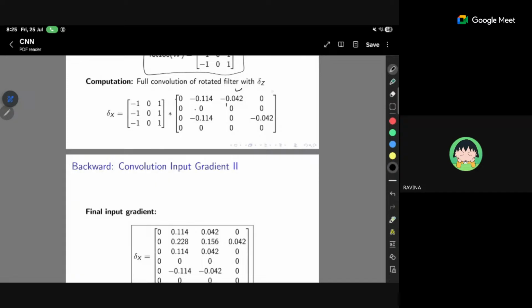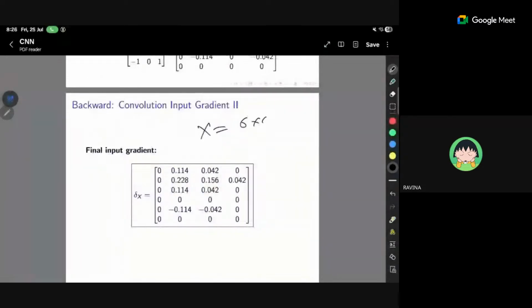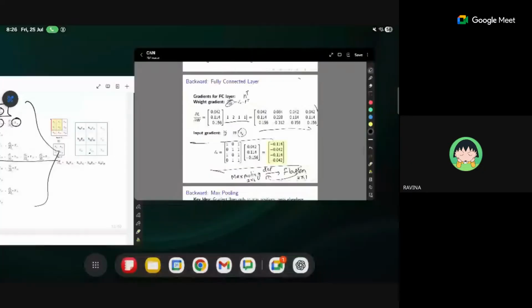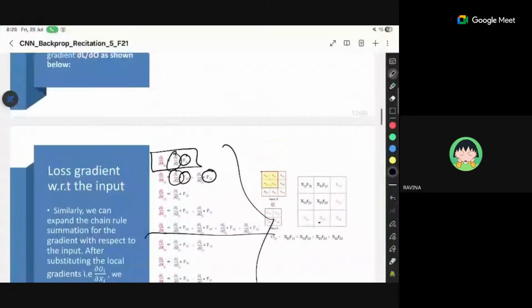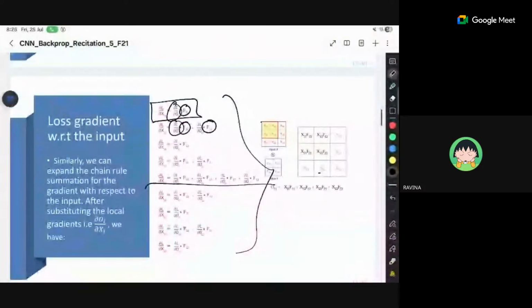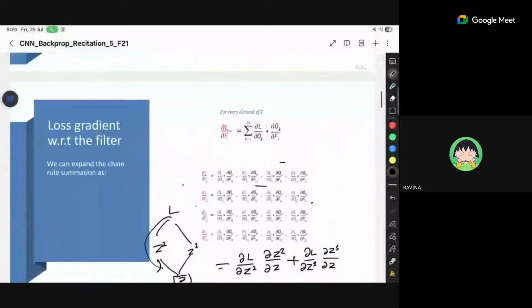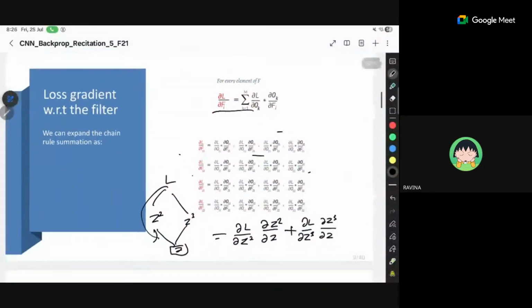So you can see that the X has a size of 6 cross 6. So of course del L by del X also has a size of 6 cross 6, which we have. Okay. So that's how the backpropagation in a convolutional neural network works. So the two things you have to understand are here. One is how with respect to the input you are getting this, which is very easy, which you know mathematically, and another is how you are going to get it with respect to F, right?